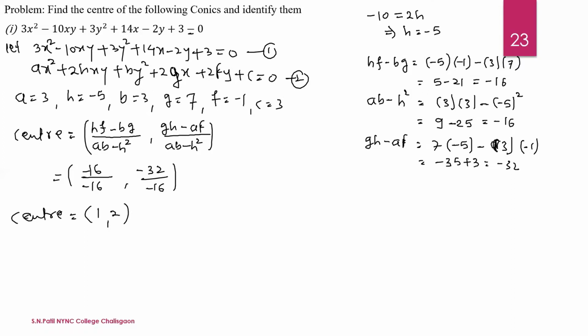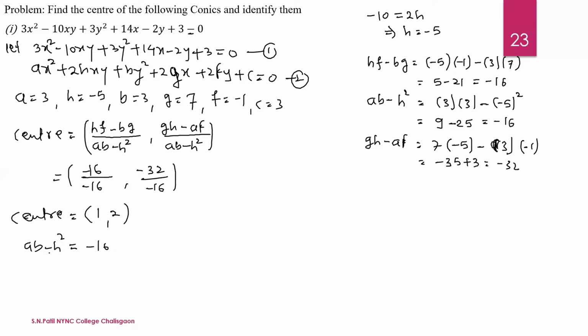Now identify. So for identification, what is the value of ab minus h square? The value of ab minus h square is minus 16.